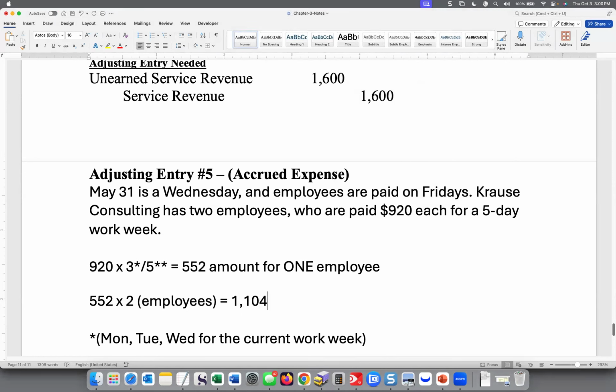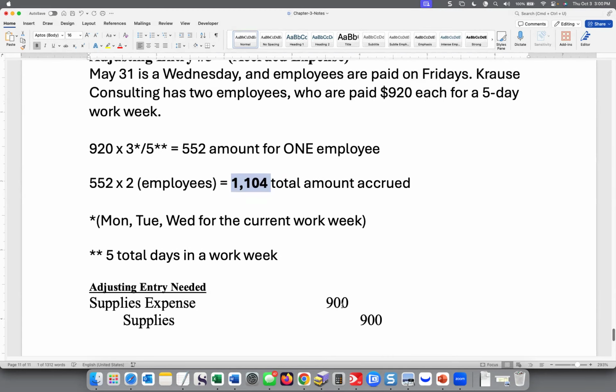Total amount accrued. All right, so there's our number we need. And I'm just going to go ahead and throw that into our entry down here. So we've got 1,104 and 1,104.